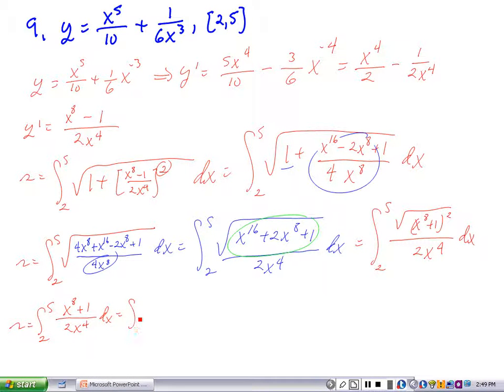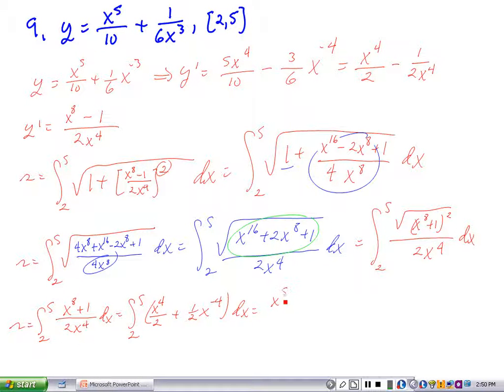Keep on simplifying that. This is the integral from 2 to 5. We divide x to the 8th by 2x to the 4th, so we get x to the 4th all over 2. And then this is plus 1/2 times x to the -4 dx. Now we integrate.